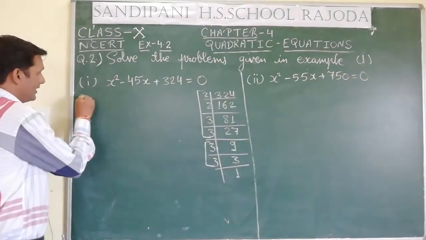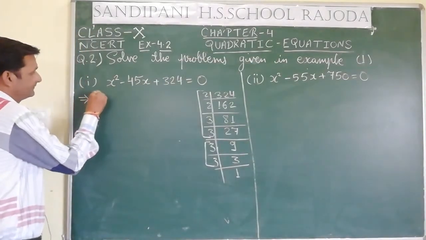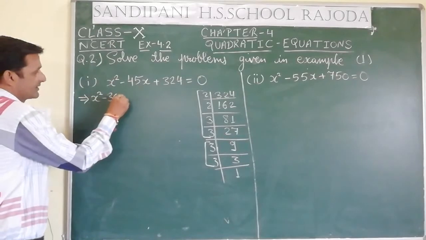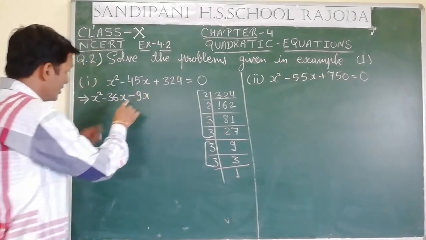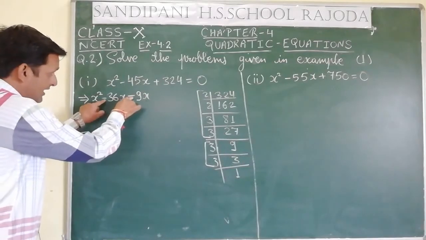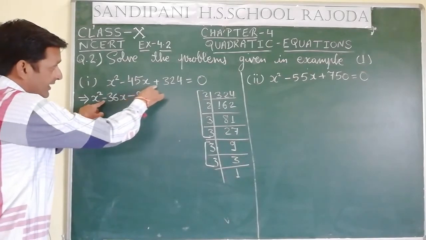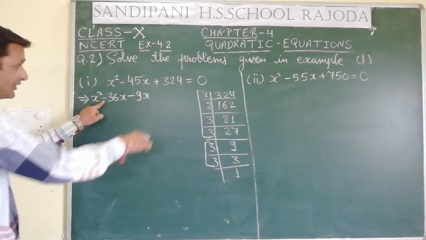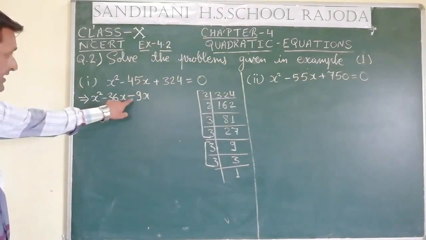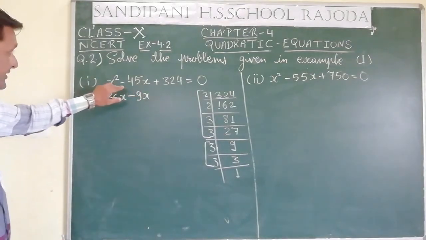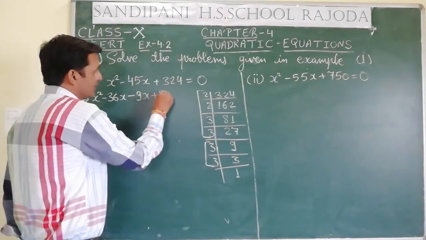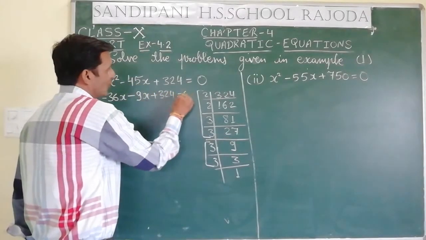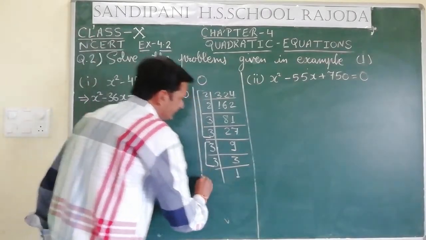So it will be x square minus 36x minus 9x, because here the sign is positive, so negative into negative will become positive. Minus 36x and minus 9x added give negative 45x plus 324 is equal to 0. It is our rough portion.